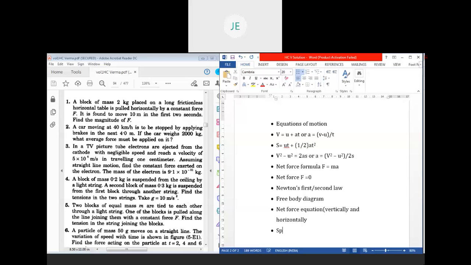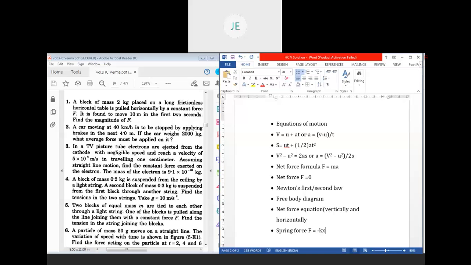And there is one expression called the spring force expression: F is equal to minus kx. This is very important. Minus, why? Because it always acts opposite to the applied force. It is actually a restoring force.